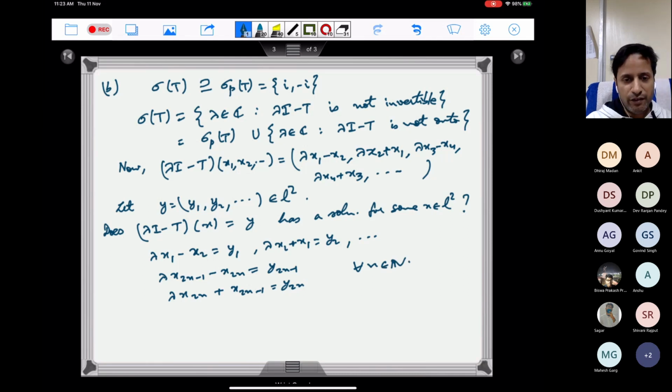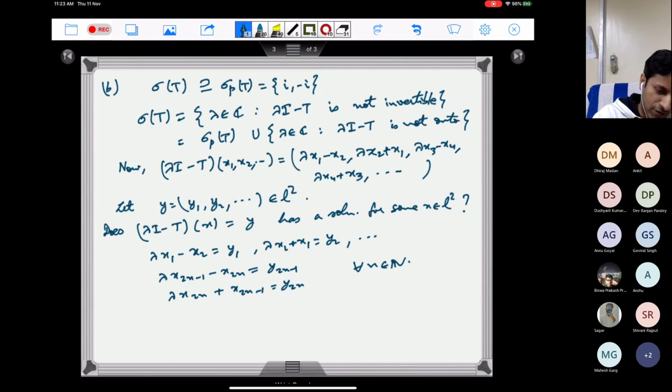Now if you try to solve this, you will see that this is a system of two equations in two unknowns. If you look at the coefficient matrix, it is lambda, minus 1, and then 1, lambda. So its determinant will be, did I write it correctly?